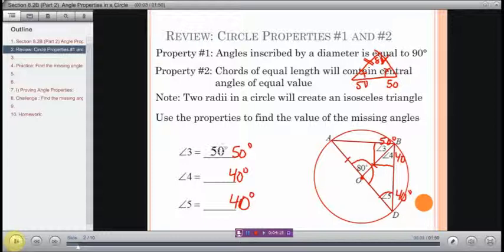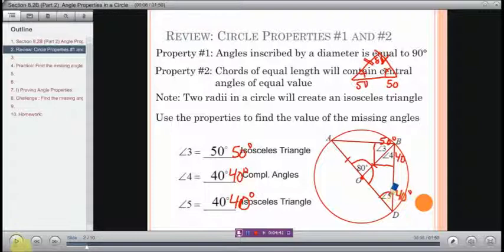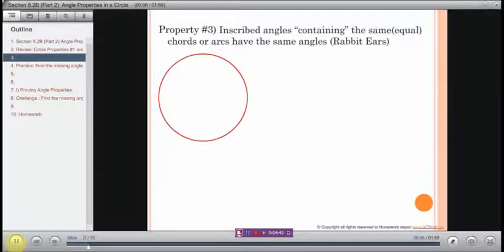This is 50 based on what I just told you from before, because of the isosceles triangle rule. That's 40 because 50 take away from 90 is 40. Complementary angles, as they say. And then from the isosceles triangle rule there. All right. Okay, let's move on.